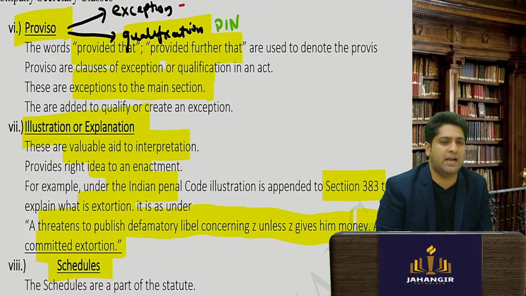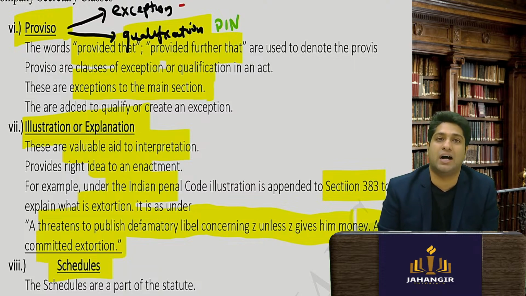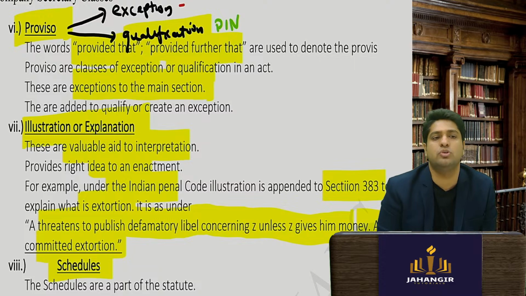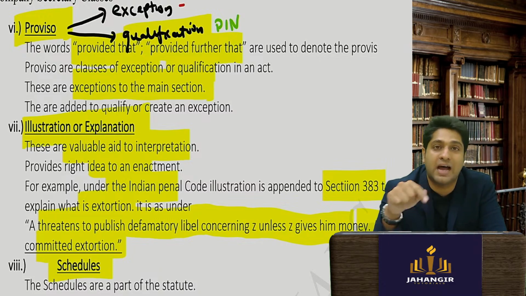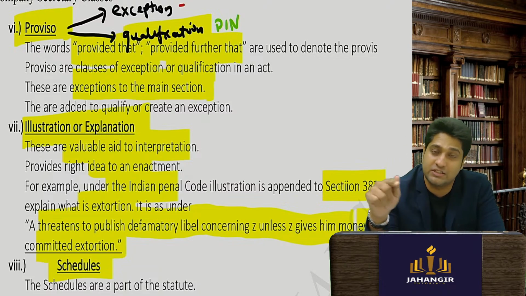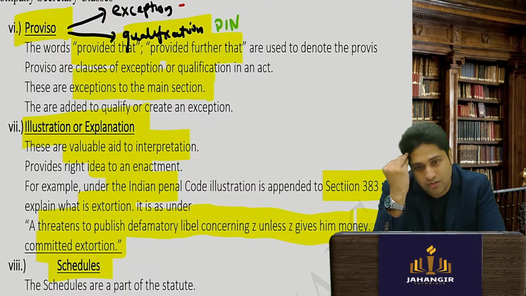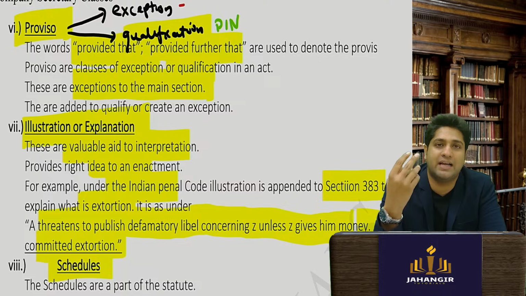So you will write that a proviso is made either to carve an exception or to add a qualification. In any act you read, it will be written, provided that so and so, provided further so and so. I'll give you an example. Like, how many times do we need to have a board meeting in a year?